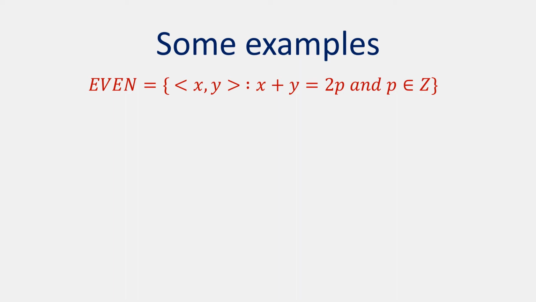So here are some examples. Suppose we take sets of pairs of numbers, which we'll call even, and these are sets of pairs that when we add the 2 elements, the outcome is some even integer value.